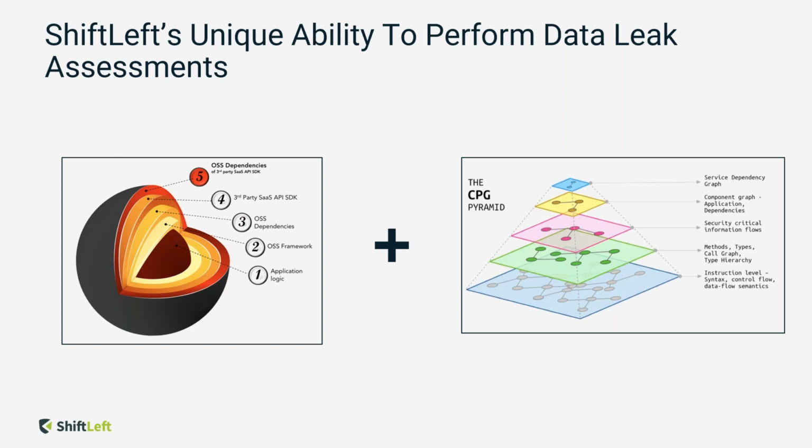Other solutions out there generally create multiple disparate graphs, one for your dependencies, one for your control flows, one for your hierarchies, and then they try to correlate between these and find patterns and give you analysis. What we do differently is, if you see on the right, the CPG pyramid, as we call it, is a single representation of your source code.